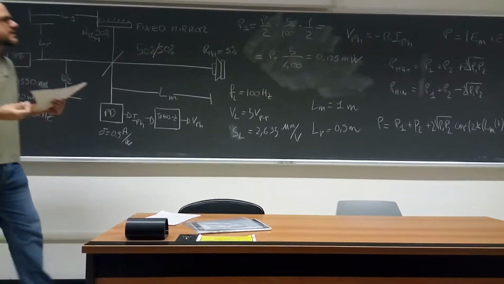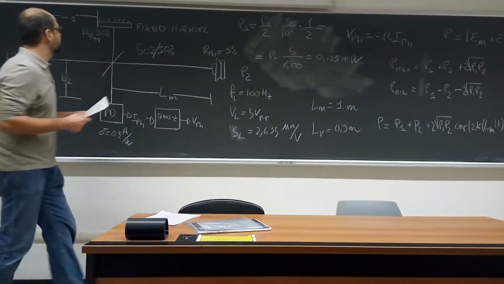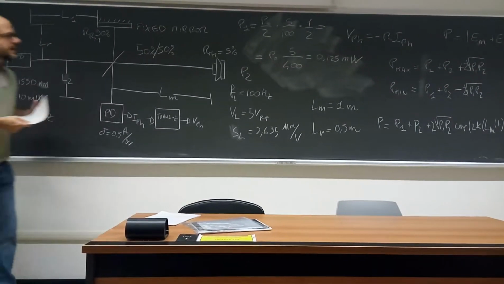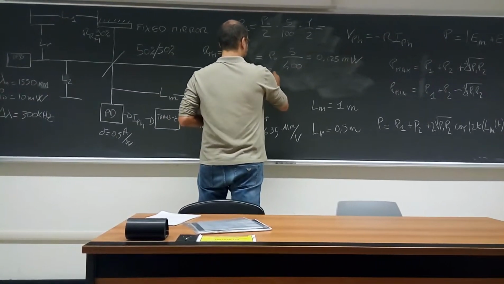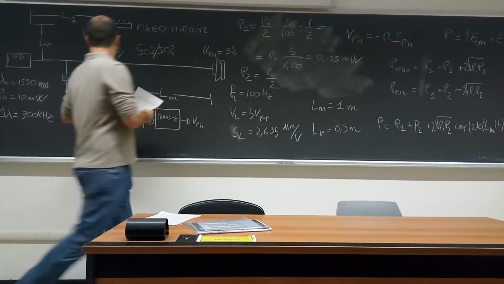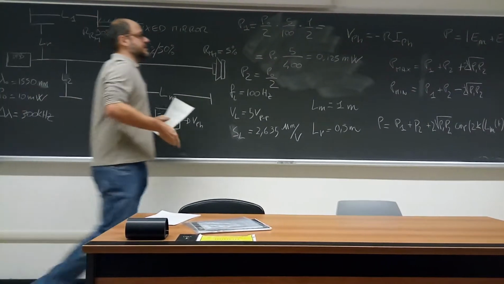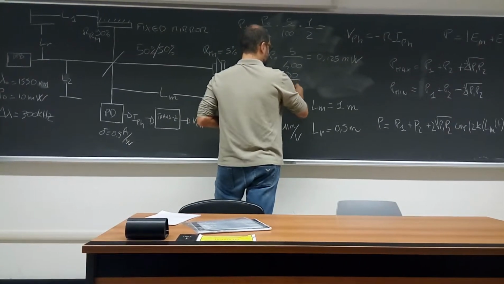We can apply the same reasoning for evaluating the second value of power, the one that comes from the reference path. In this case, we have more or less the same situation for the first reflection. Again, half of the power is reflected. Then 90% of power is reflected back toward the splitter.